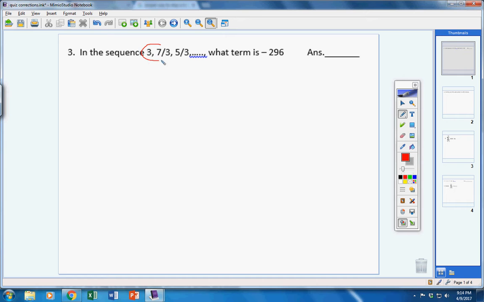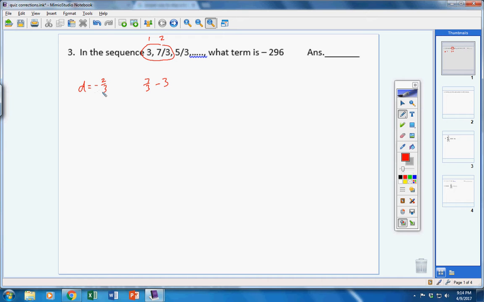If I subtract these 2 terms, this is term 1, this is term 2, that's the higher term. The higher term goes first, okay? So 7/3 minus 3 is negative 2/3. So your common difference is negative 2/3.